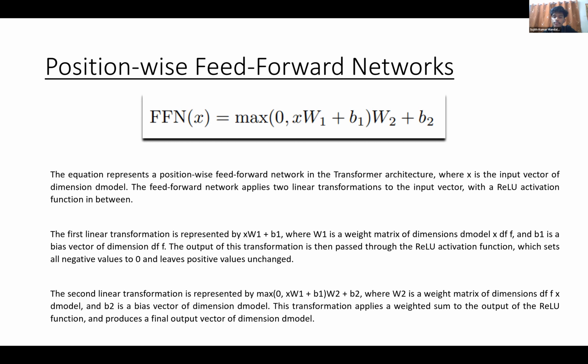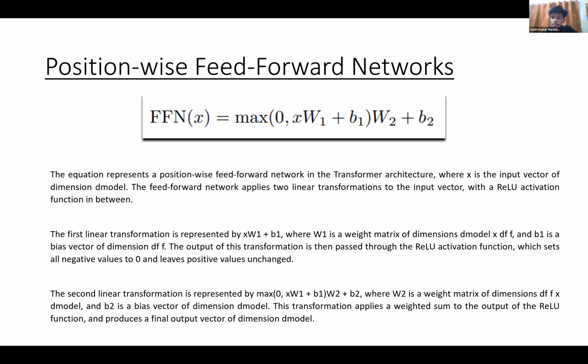Here, the dimension refers to the number of elements in a particular vector or matrix, and the elements refer to the scalar values that make up the vector or matrix. So the equation which I have presented here represents a position-wise feed-forward network in the transformer architecture, where x is the input vector of dimension d_model.